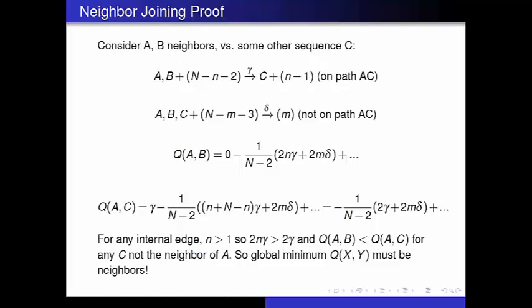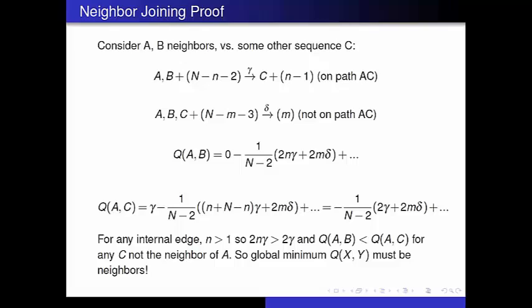Okay, so on this basis, I can now go ahead and calculate these two edges' contribution to QAB and QAC. And I'll just make a note that, of course, there are lots of other edges that contribute to QAB and QAC. Every single internal edge in the tree contributes to every Q for every possible pair, right?